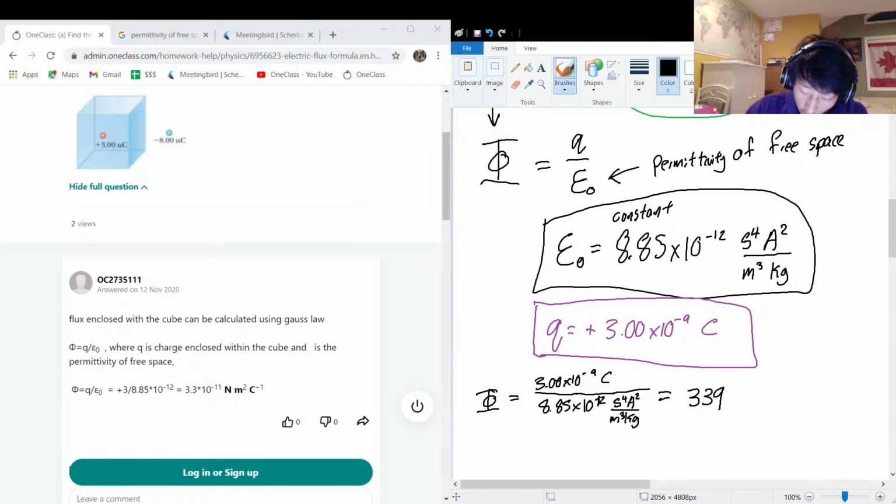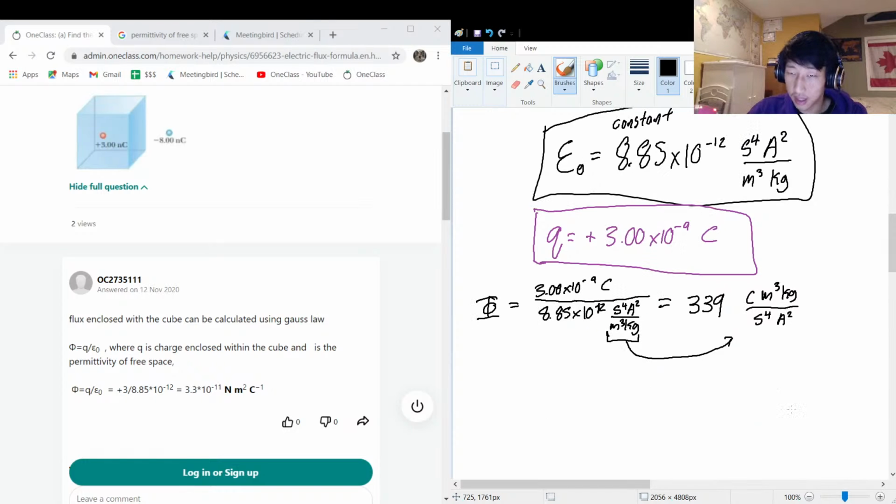And then our units: we have coulombs on top. Then the downstairs here, those go on top as well. So those are going to be meter cubed kilogram per seconds to the power of 4 amperes squared. An ampere is equal to a coulomb per second.